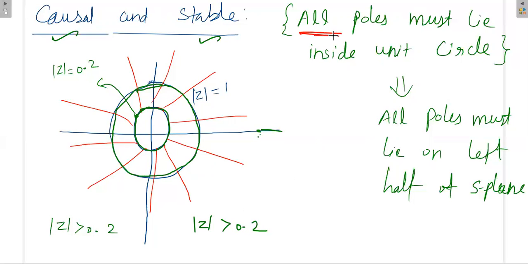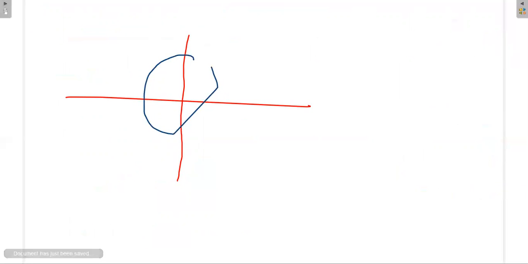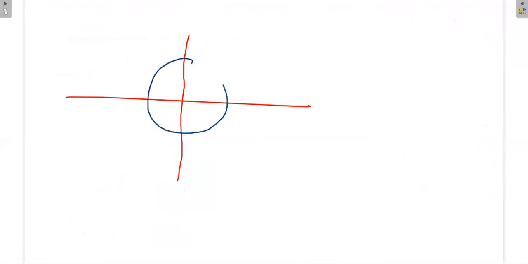For example, if there is more than one pole, take this condition. This is mod z equal to 1, the reference circle, that is the unit circle. Suppose one pole is here and another pole is here.